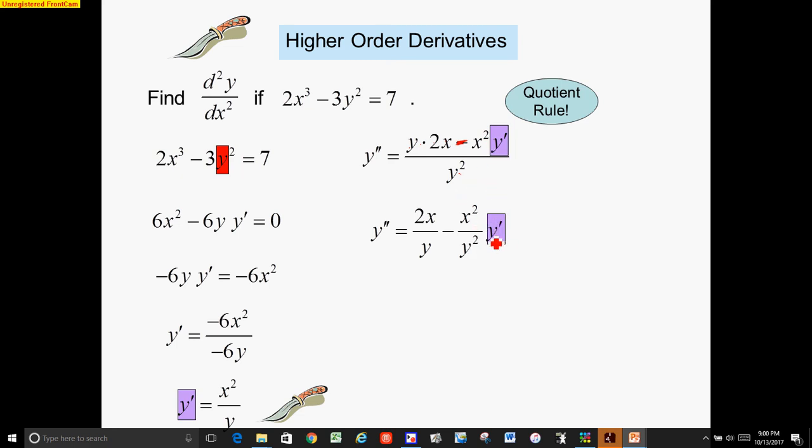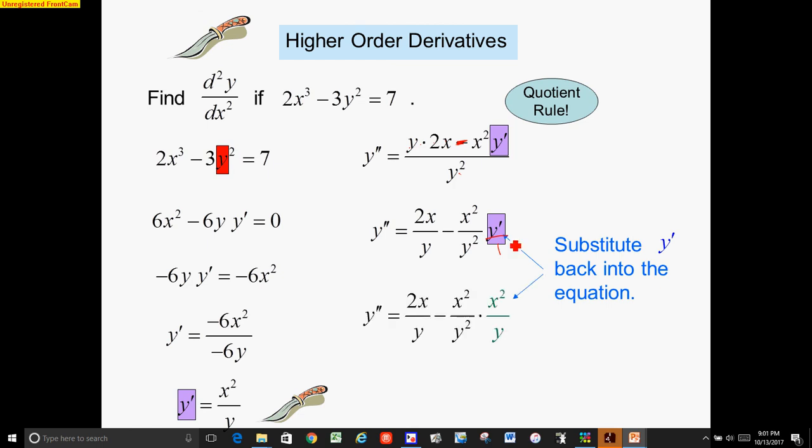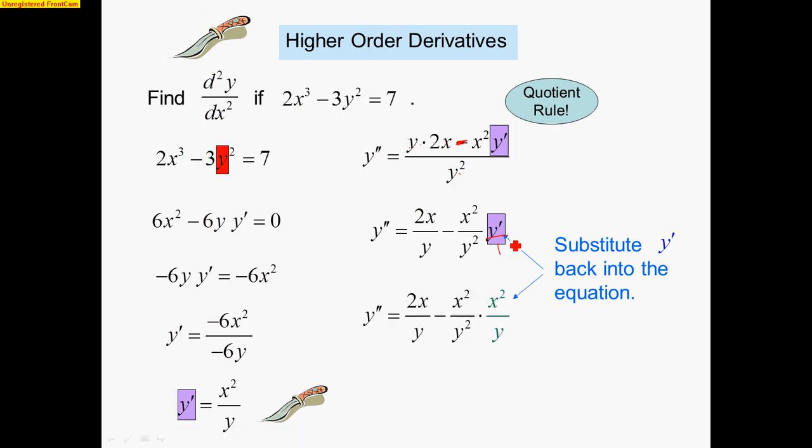Right? Technically the y prime is over 1, right? So it's 2x over y minus x squared over y squared times y prime, but y prime is x squared over y, and that's what I put there.